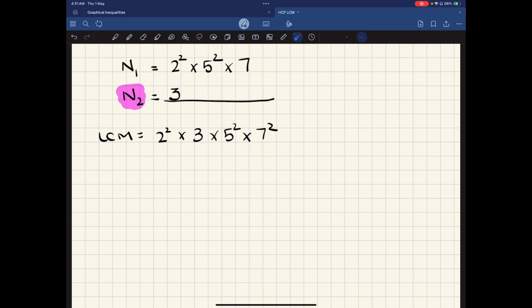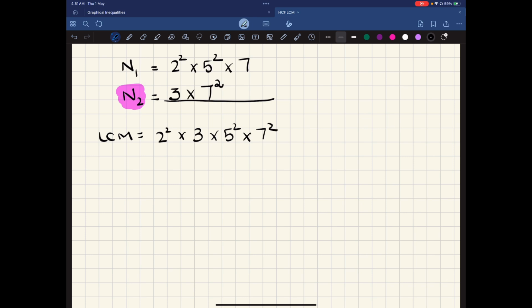Okay. Next we have 7 raised to the power 2, 7 square. And here we have 7 raised to the power 1. So what does it mean? It means that n2 is going to have 7 raised to the power 2, because the LCM always chooses the highest power from the factors, so we're going to have a 7 square here.